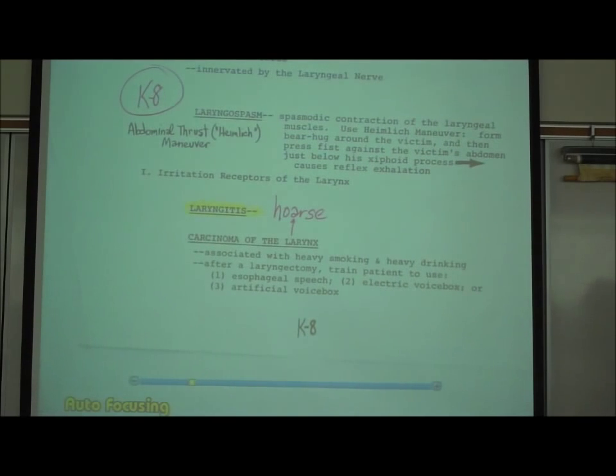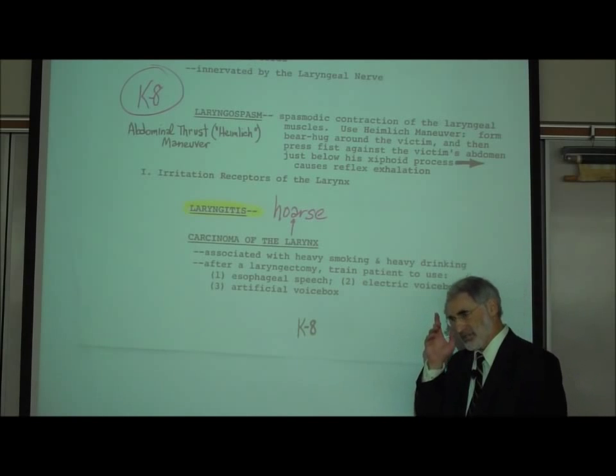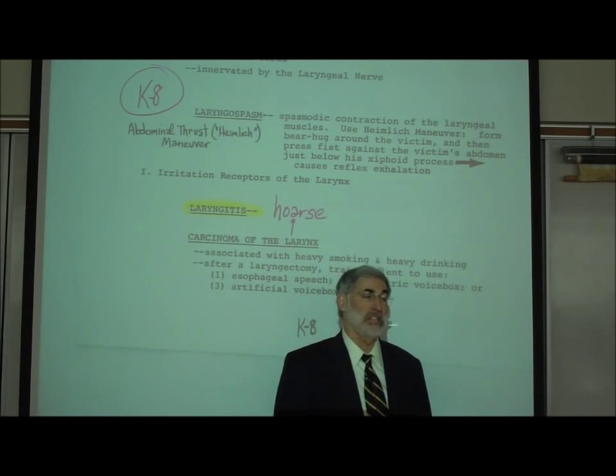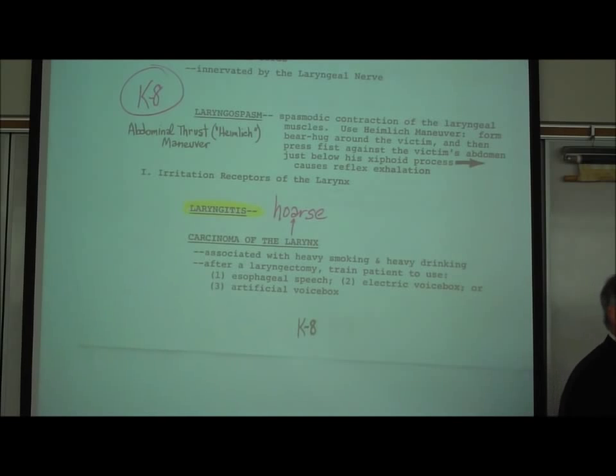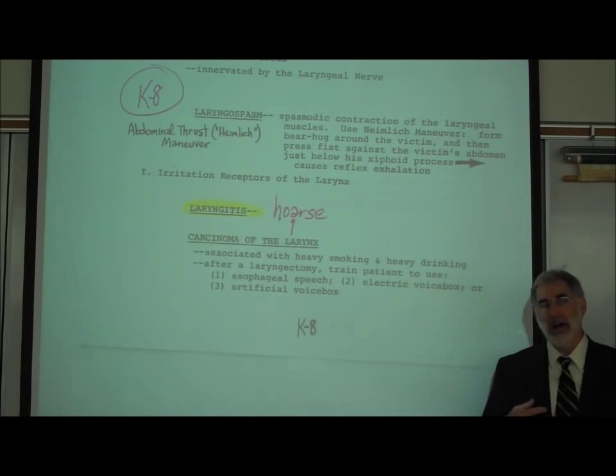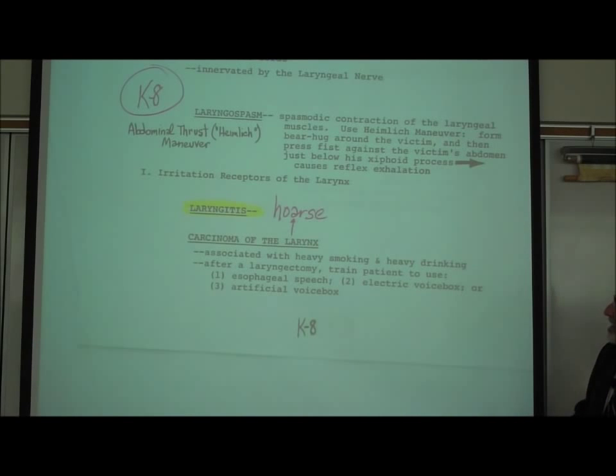Now, a carcinoma of the larynx. So that's cancer of the larynx. We know that, unfortunately, cancer can occur in any tissue of the body, any organ of the body can become cancerous. And the most common cause of cancer of the larynx is heavy smoking, chewing tobacco, sometimes heavy drinking. And of course, we know currently when somebody has cancer of any organ of their body, they remove the cancerous structure.